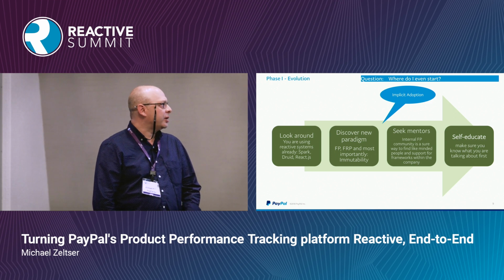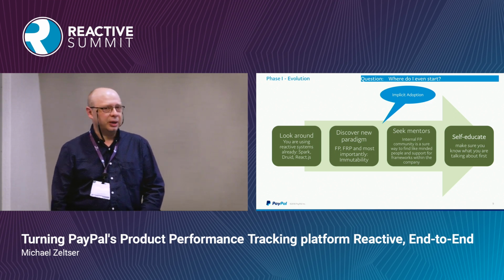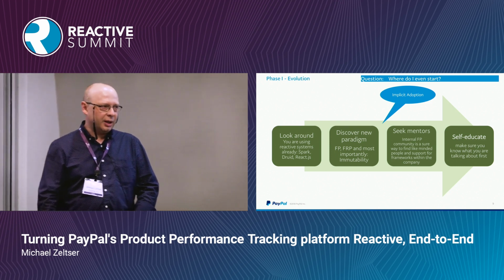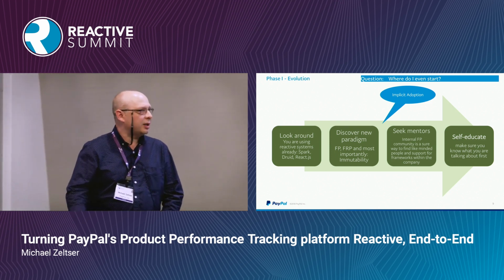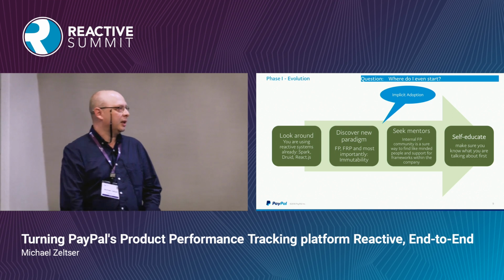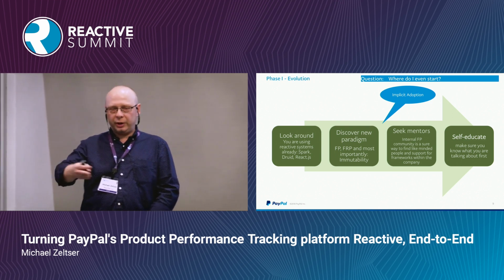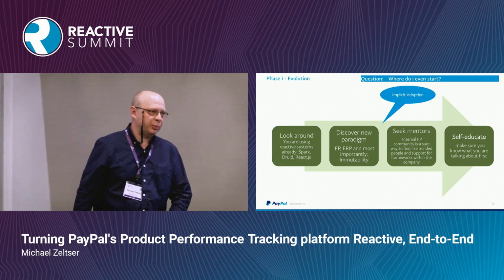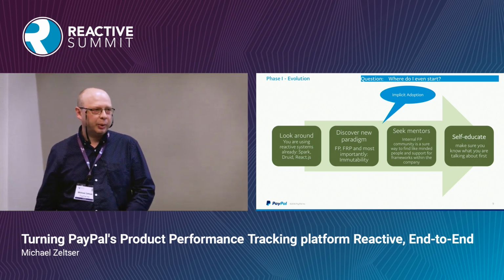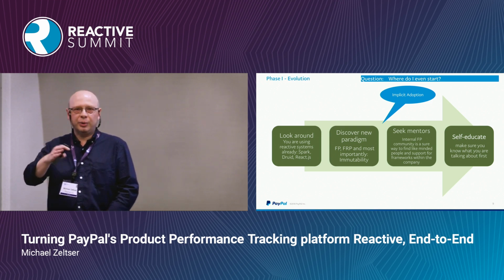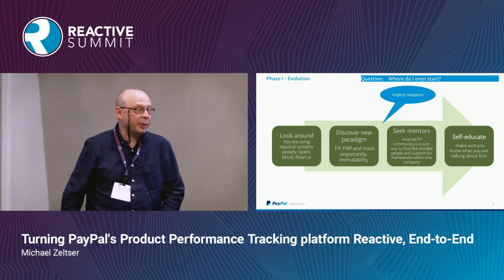Clearly, seek mentors. The functional programming community is very, very active and very excitable, so they're always ready to jump in and help you. And this is what happened to us. I found just some group. PayPal is a huge company, for those who don't know, about 20,000 people, so it's not that easy to find people that can help you. So I found some Scala group, somebody who's talking about functional programming.